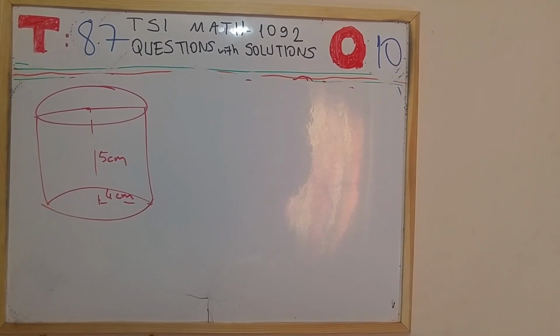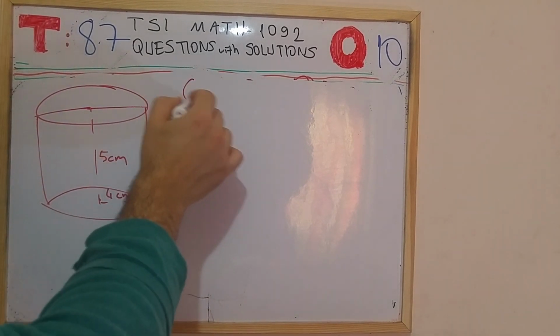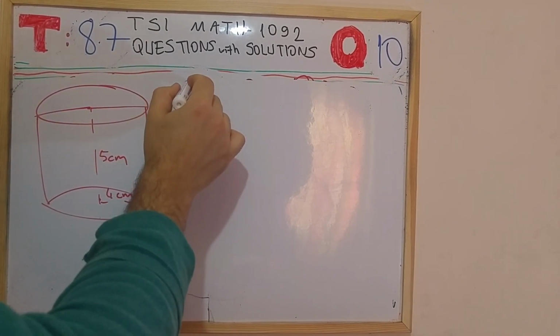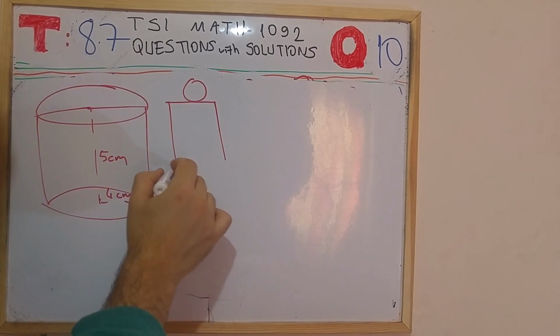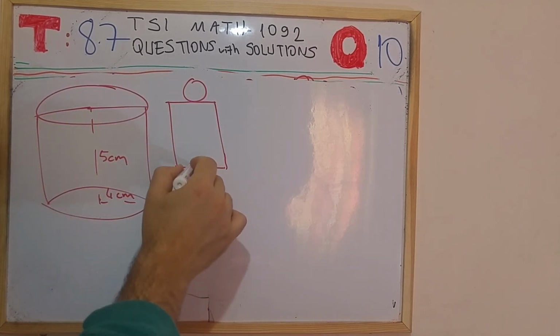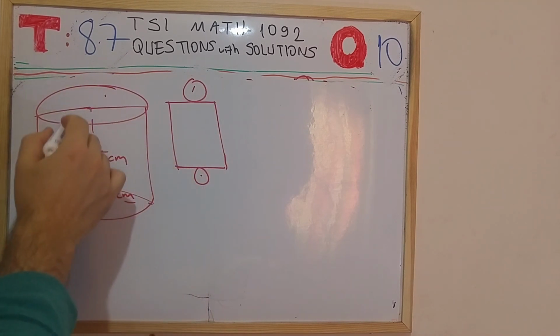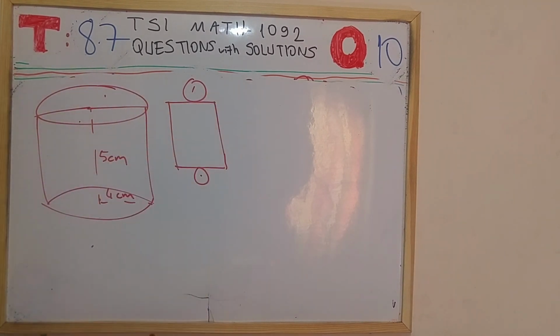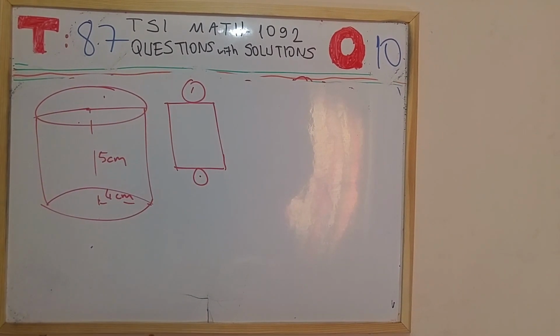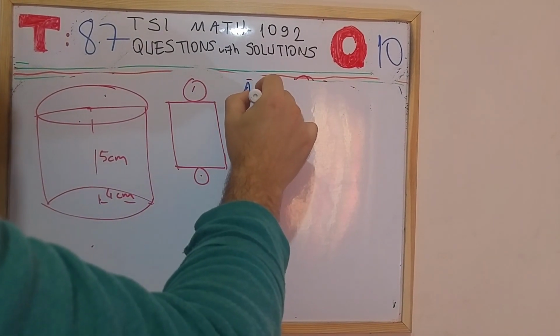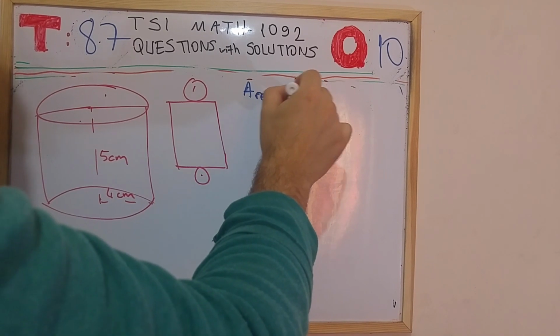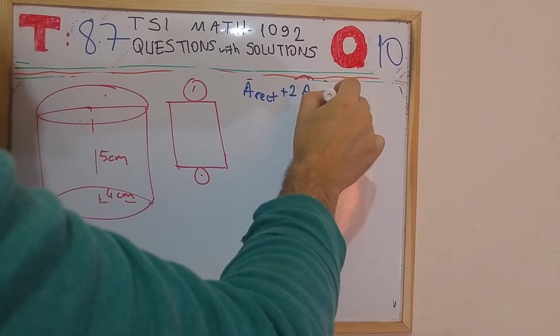When I open this cylinder up, what I would have is a circle here, and a rectangle here, and another circle here. These two circles, the faces, are identical, and I have a rectangle. So what I need to find is the area of the rectangle plus twice the area of the circle.